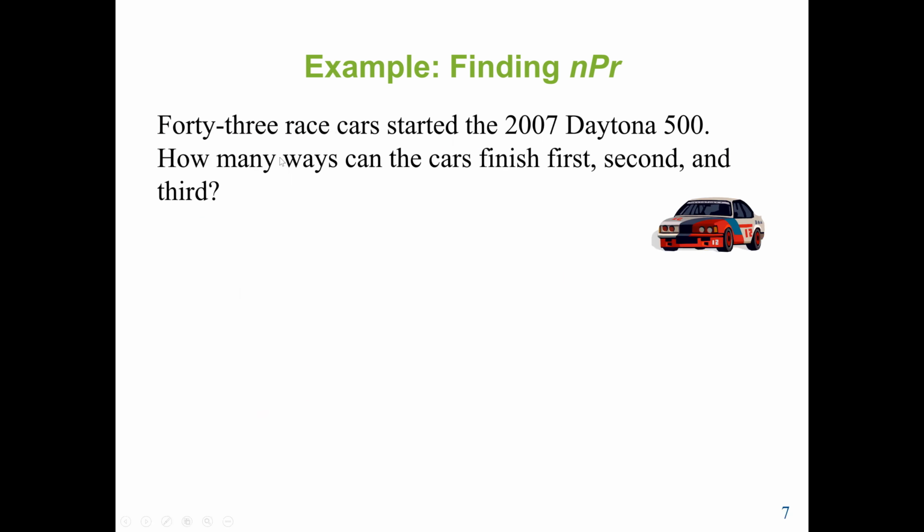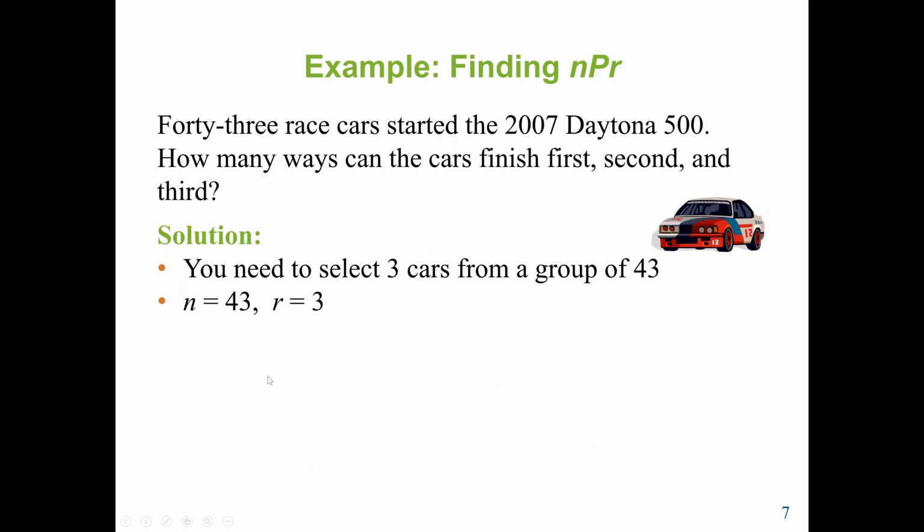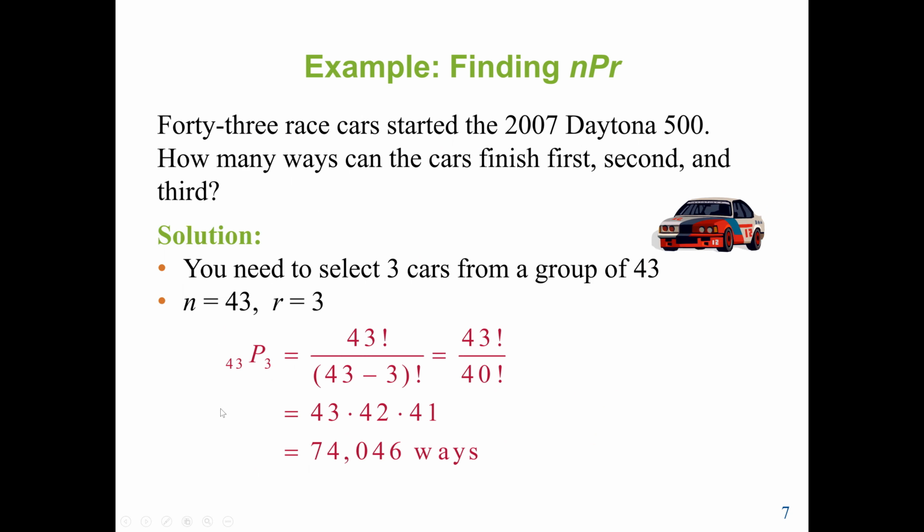Now here, 43 race cars started the 2007 Daytona 500. How many ways can the cars finish first, second, and third? This means only 3 cars will reach first, second, and third.